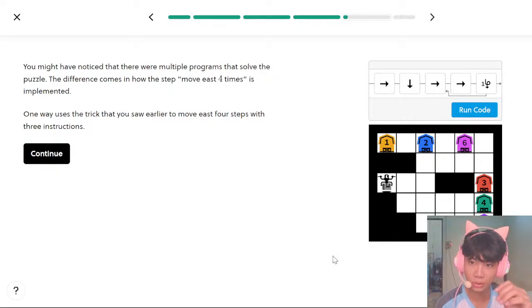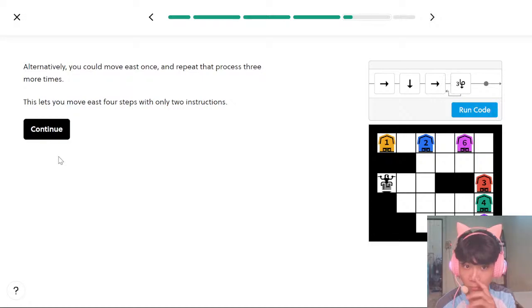One way uses the trick that you saw earlier to move 4 steps with 3 instructions. Alternatively, you could move it once and repeat that process 3 more times. This lets you move it 4 steps with only 2 instructions.